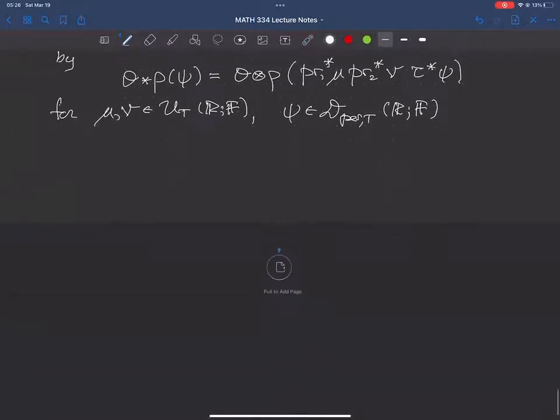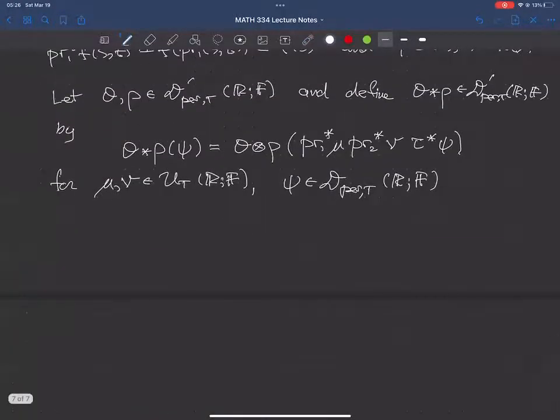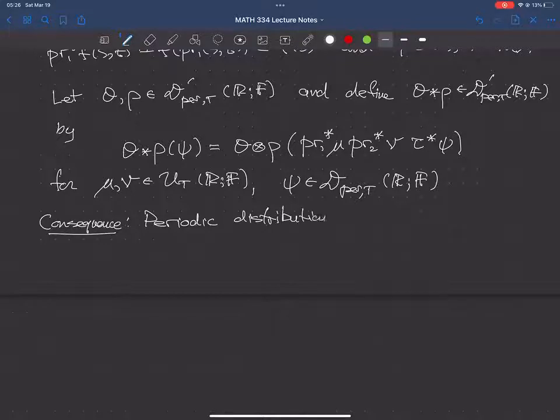One of the consequences of this is that periodic distributions are always convolvable, without any conditions.